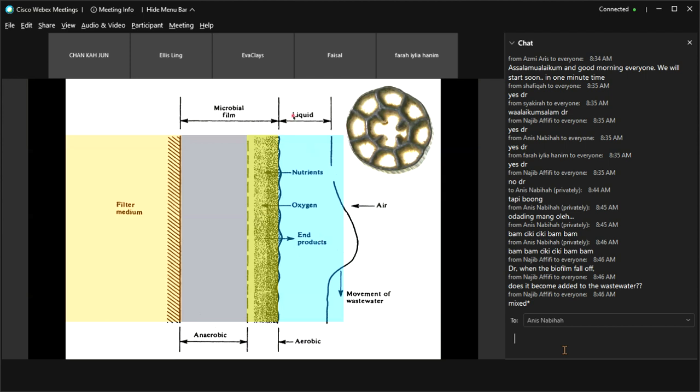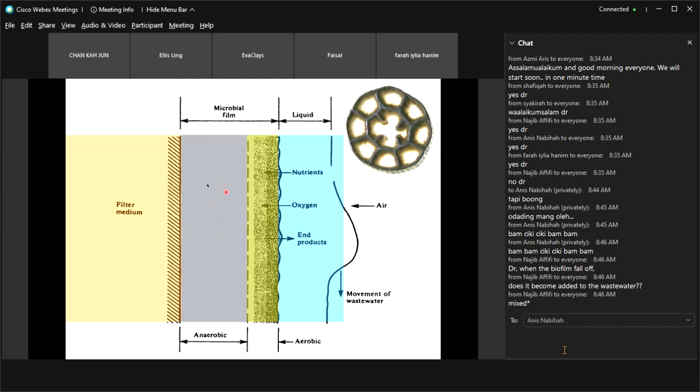Yes. When this wastewater flows from, for example, top to the bottom, the falling biofilm will be carried away by the wastewater, and it will be brought to the next process, which is the secondary clarifier. Okay, so again, Najib and the rest.